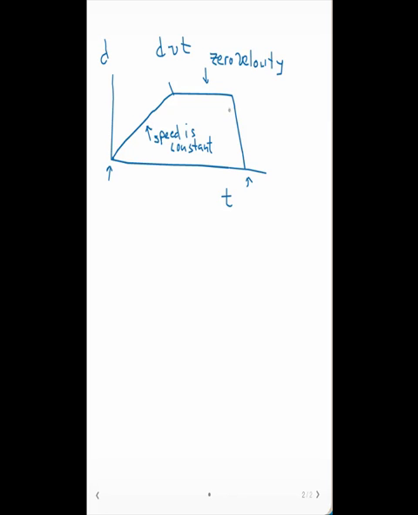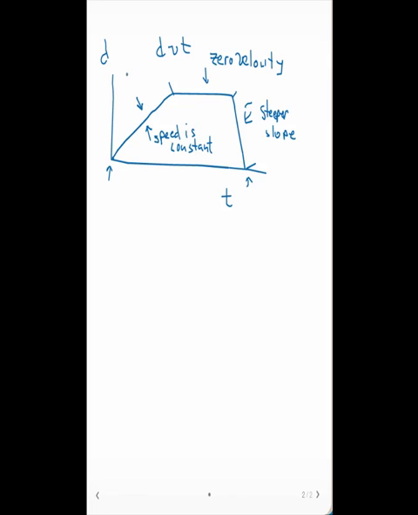Now, if you take a look at this region here, from here to here, if you compare the slope of this line with the slope of this line, which one is steeper? This line is, right? This has a steeper slope. Okay, so the speed here is greater than the speed was here.